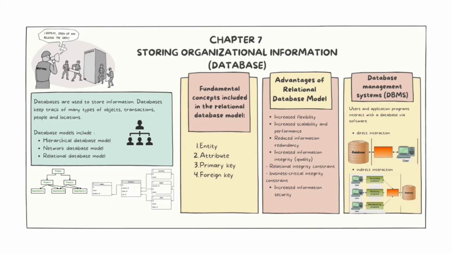There are three different types of database model, which includes the hierarchical database model. In this model, information is organized into a tree-like structure, and it also cannot have too many relationships. Next is network database model. This model is opposite from hierarchical database model, as it can be many relationships because it is flexible.